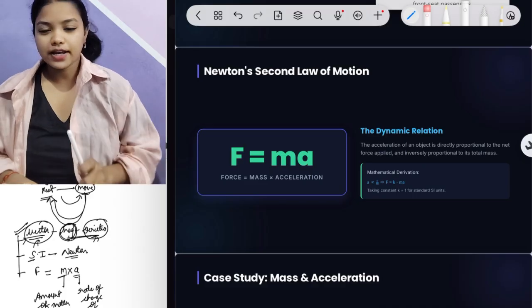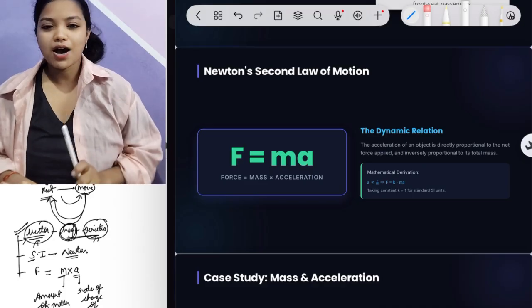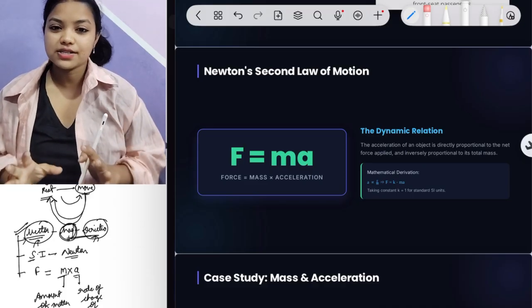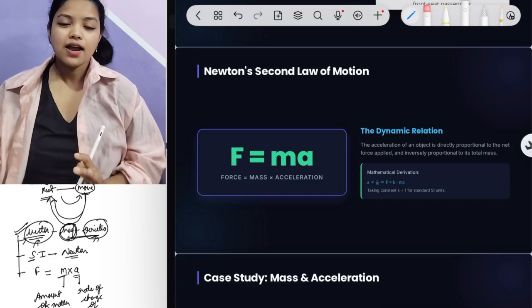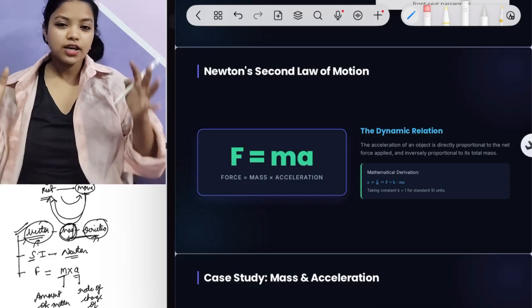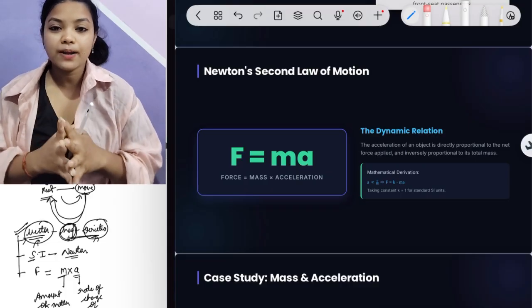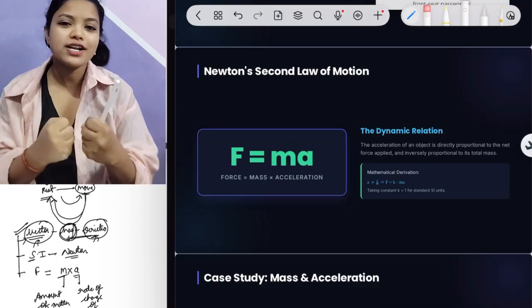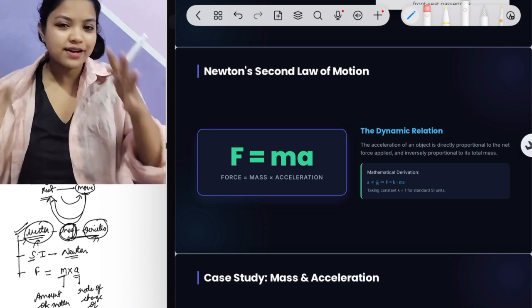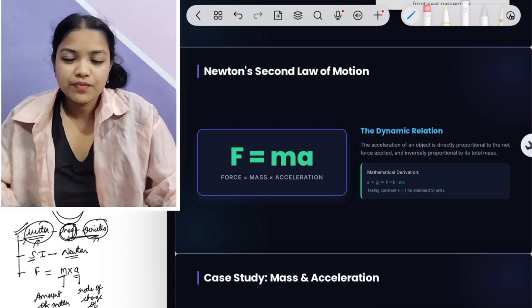Then in the second, by using the relation established between mass, acceleration and force. ये तीनों के among में relation establish करेंगे. Then we can derive the formula. Is it clear?